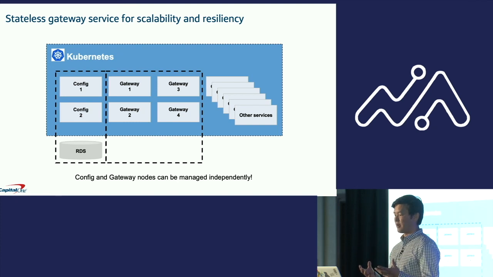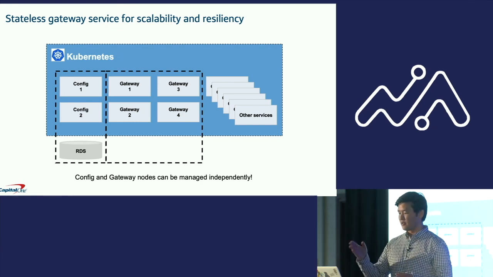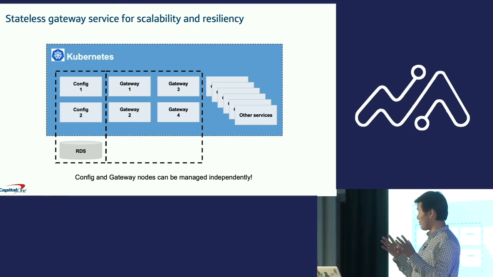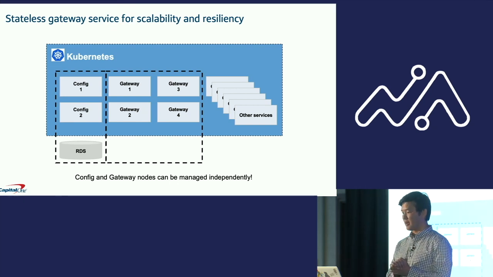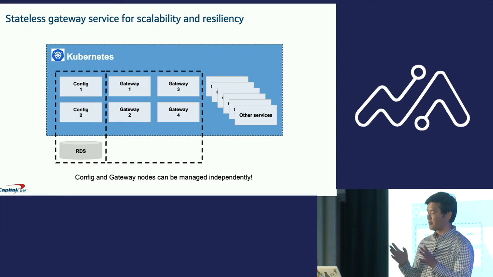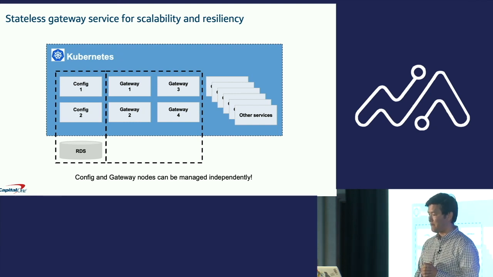We treat it as the brain of the gateway and try to give it the best care. All the way to the left, there are the two configuration nodes. These are very stateful microservices, and we don't want them to ever go down. So we put a lot of care into making sure this set of microservices is always up and running.